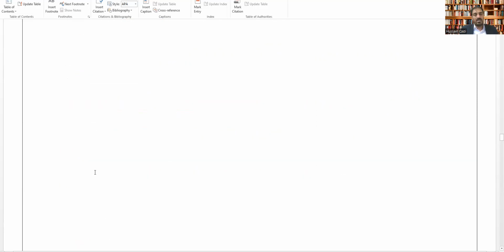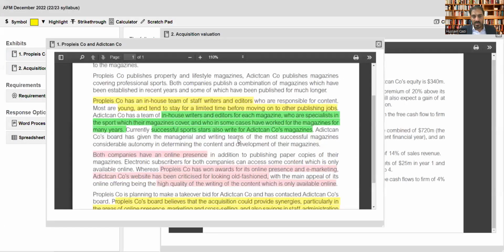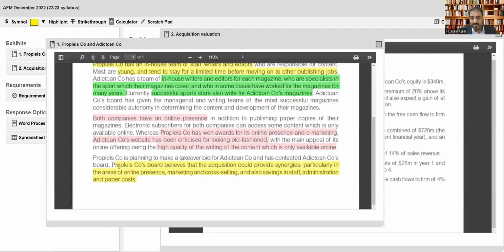So number one, sometimes the information in the question you can just copy and paste here. So you simply start with this statement: we, the acquirer, the Propolis board, believe that the acquisition could provide synergy, particularly in the areas of online presence, marketing, cross-selling, and also savings in staff, administration and paper costs.